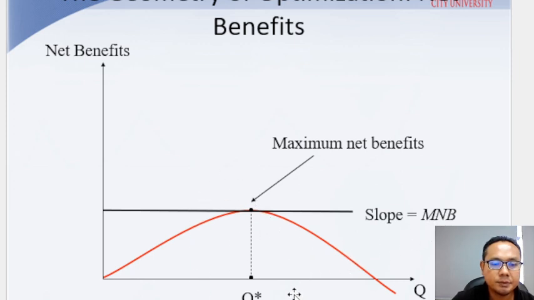That means if you produce more quantity after the maximum net benefit, it's not worth it.